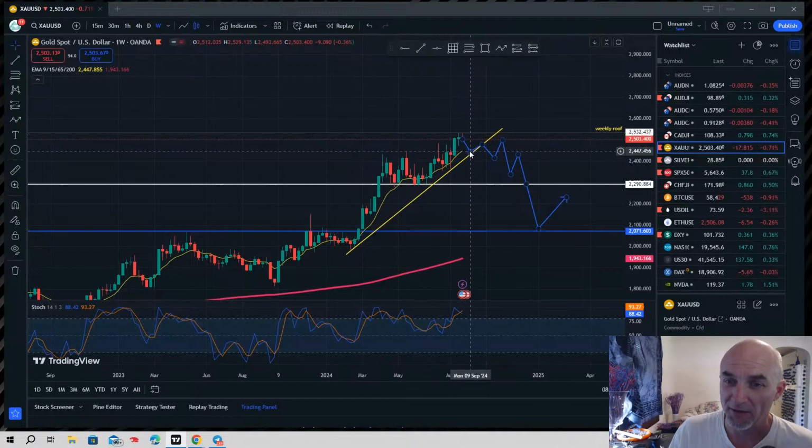Oh, look at that. Look at that point right there. Knew it was going to come down there and touch that trend line again. Oh, that's what we want it to do.